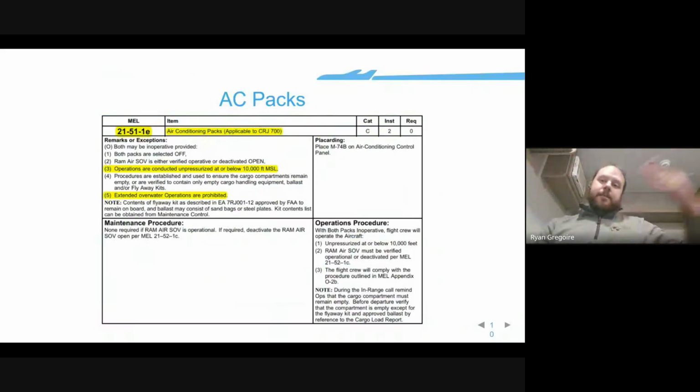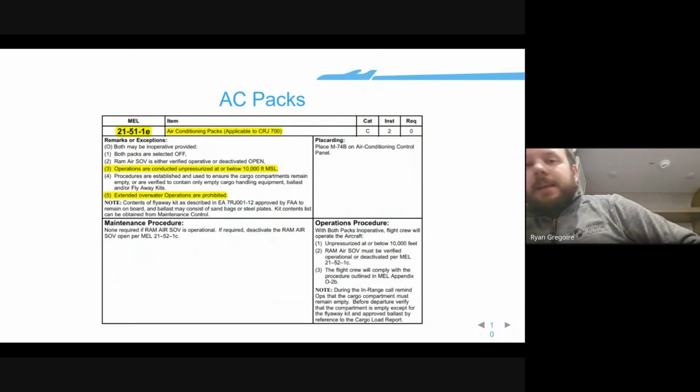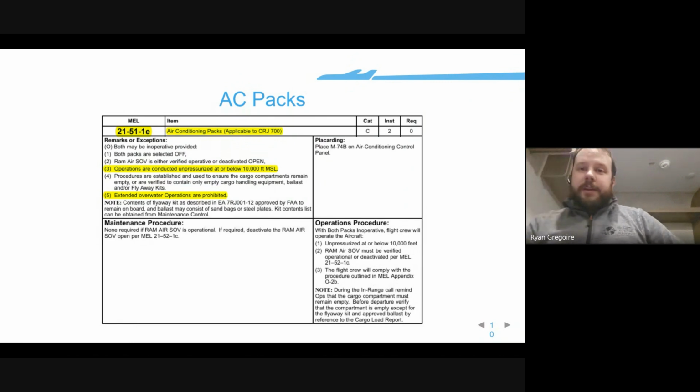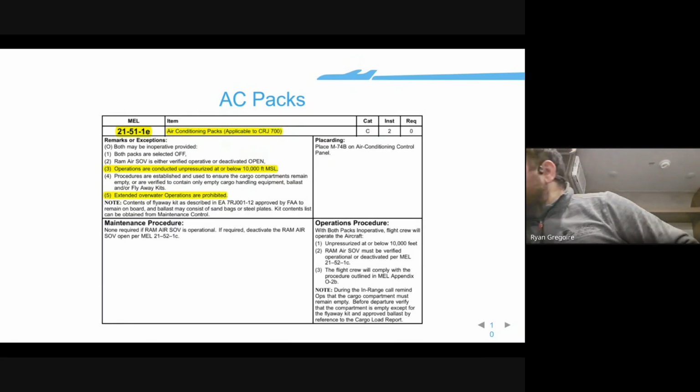Okay, so here is exactly what I was talking about. AC packs, and if we look at the top right corner, we have 2 installed, 0 required. So in this case, we have operations are conducted unpressurized at or below 10,000 feet, and extended overwater operations are prohibited.